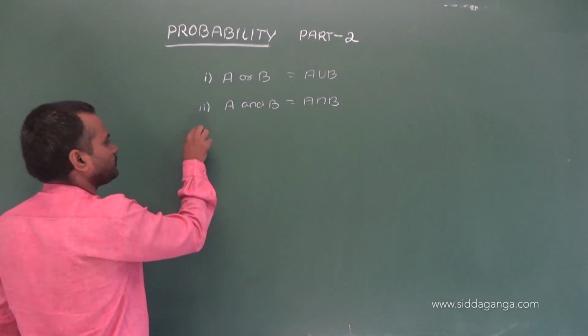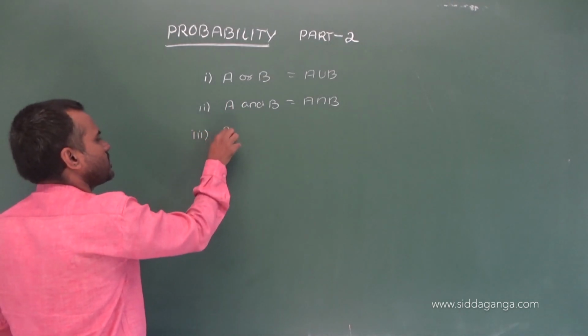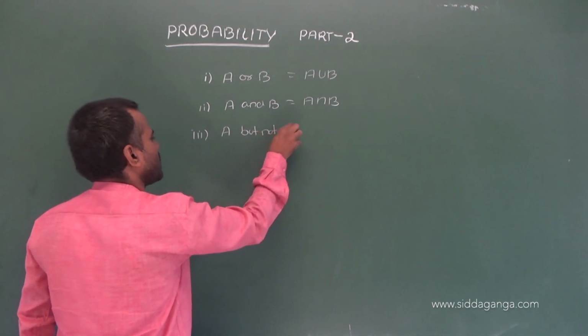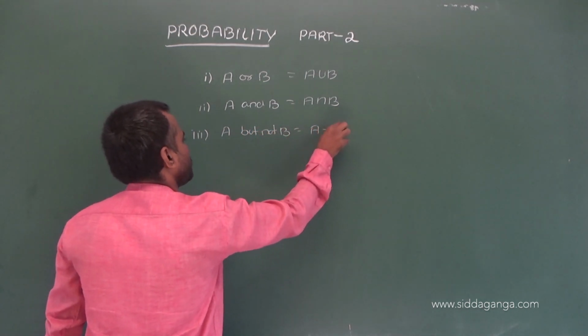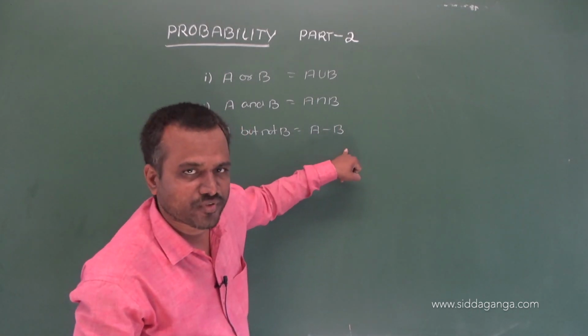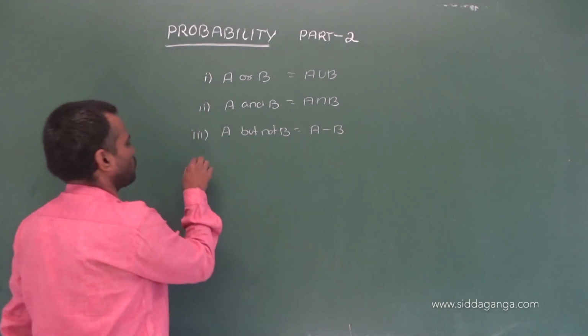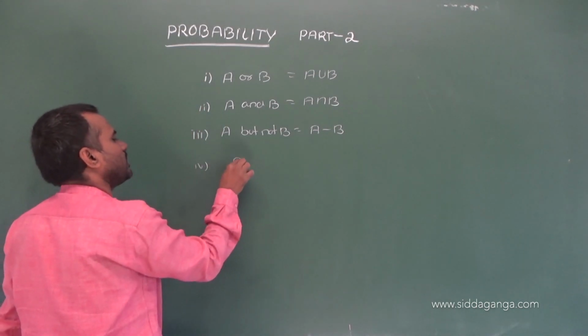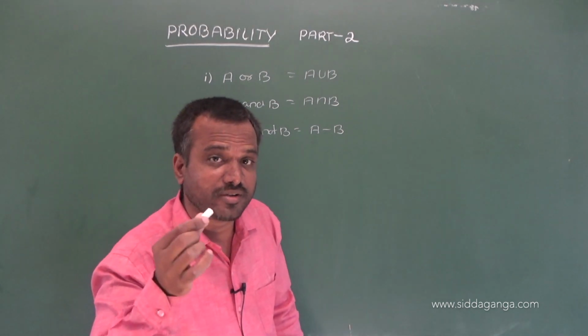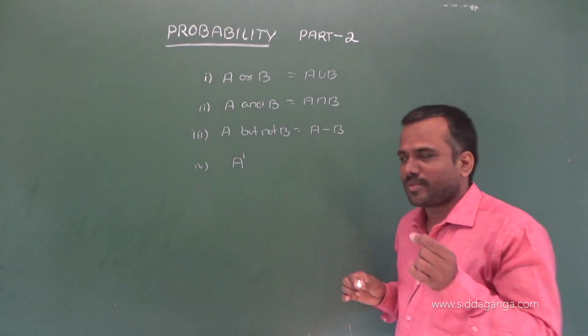One more, A but not B. That is nothing but A minus B, the elements which are present in A but not present in B. Fourth one, A dash, the complementary event.